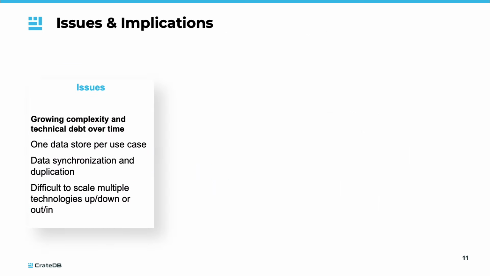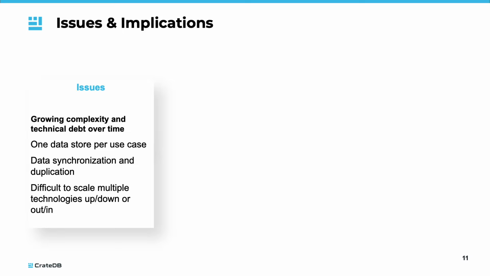In summary, as time series data management projects evolve, they often encounter a growing complexity and mounting technical debt. This debt, once established, becomes increasingly hard to eliminate. Managing diverse data types in separate data stores necessitates data integration and synchronization, which add to the project's complexity.